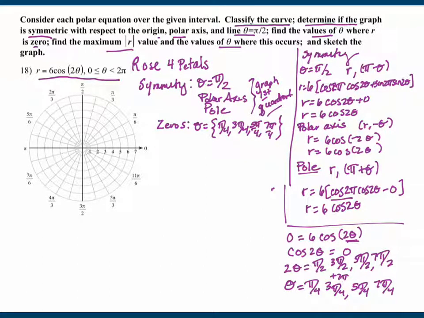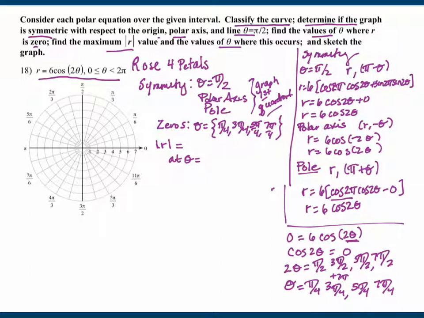Now, when I do my XY chart, I can put a 0 at every one of those places. Okay, so the only one in the first quadrant is pi over 4, but at any rate, I'm okay. Now, the last thing you have to do is figure out what r is. So the absolute value of r is equal to what at theta equals what?